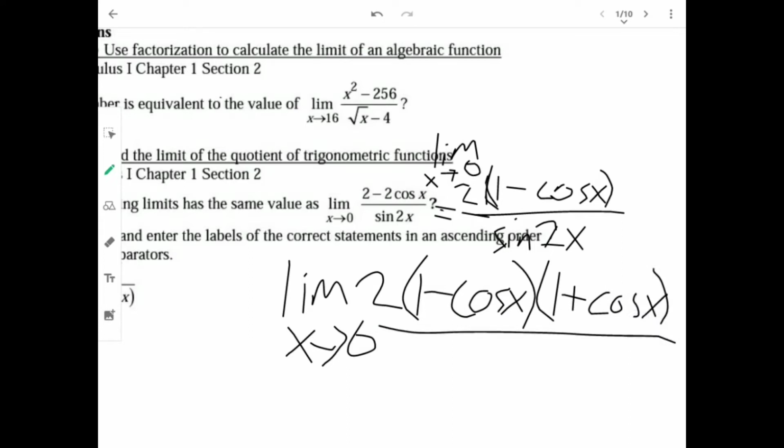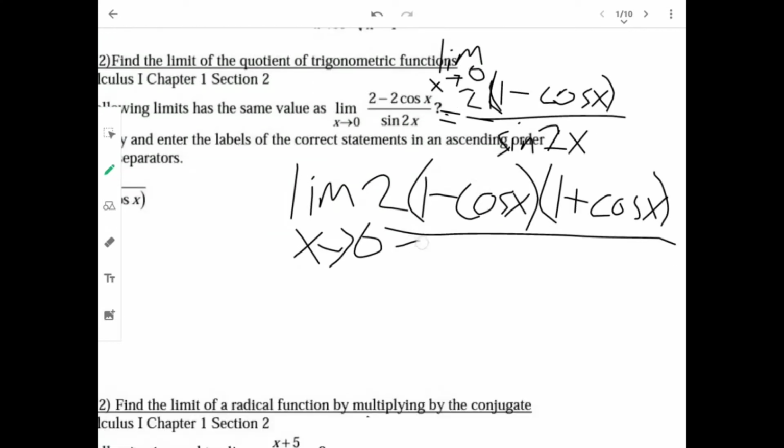And also, you can expand sine 2x as 2 sine x cosine x. It's an identity that we took last year.